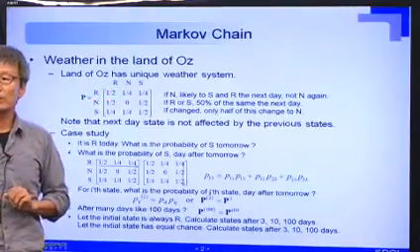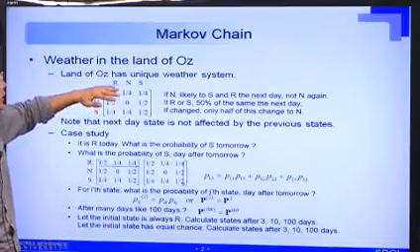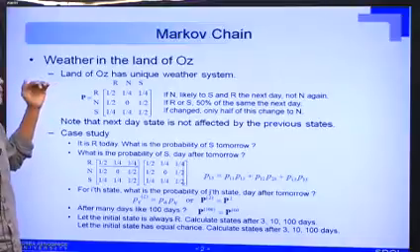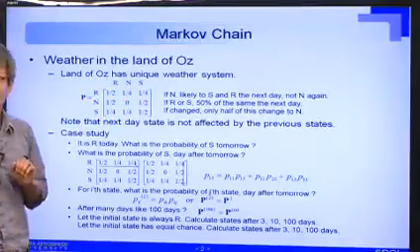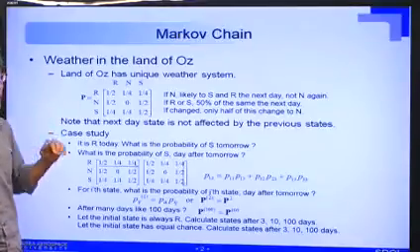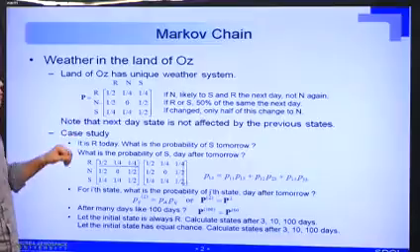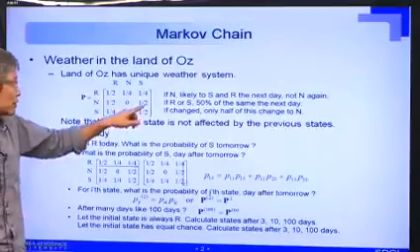And we move to tomorrow. Let's say we have rain tomorrow. What is the probability for snow? It is here. Let's say we have a nice day tomorrow. What is the probability to have snow the day after tomorrow? This is here.